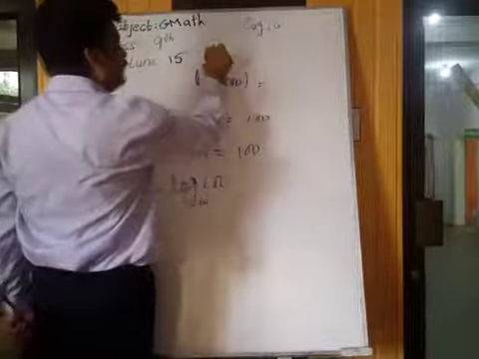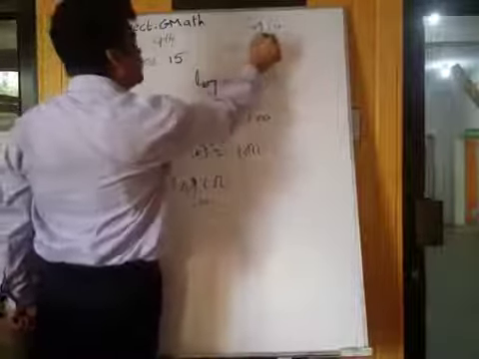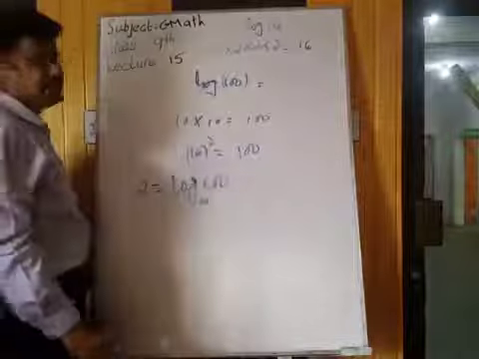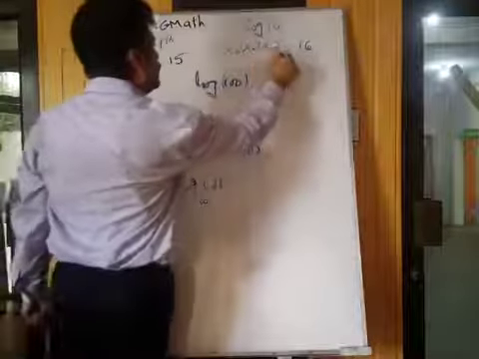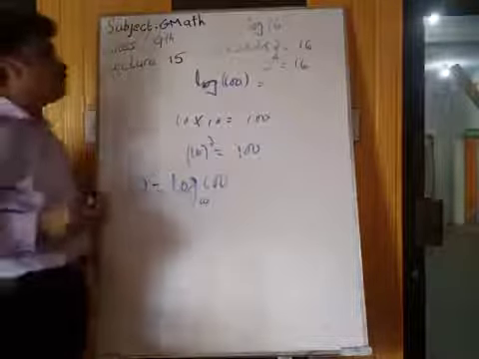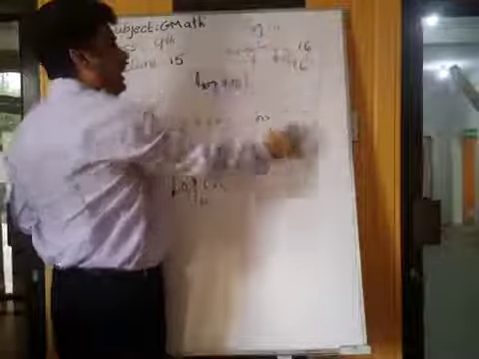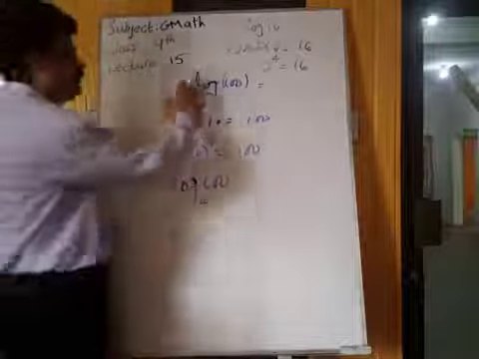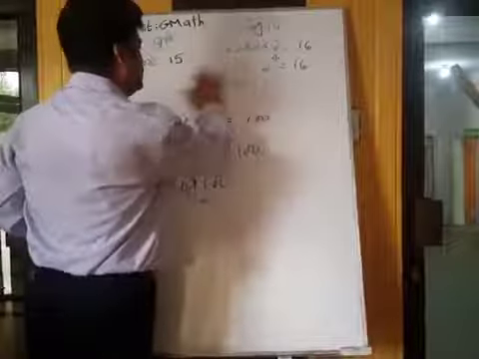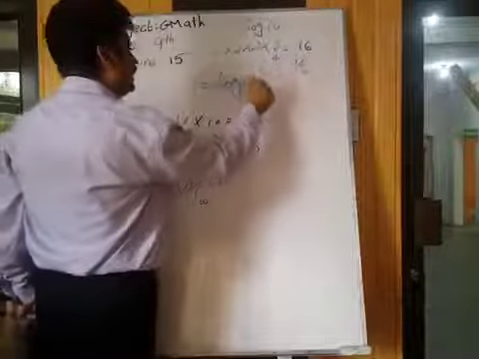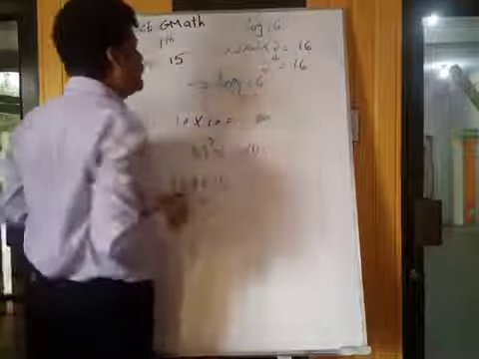Obviously, it is 4 times: 2 times 2 times 2 times 2 becomes 16. We can also write 2 raised to the power 4 is equal to 16. Hence this index of 2, which is 4, is the log of 16 to the base 2, and we write 4 is equal to log of 16 to the base 2.